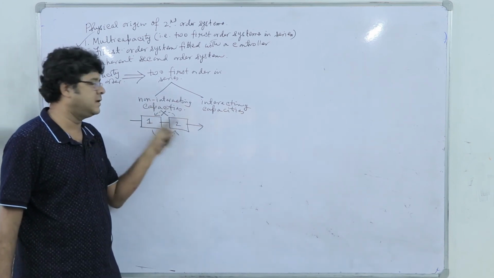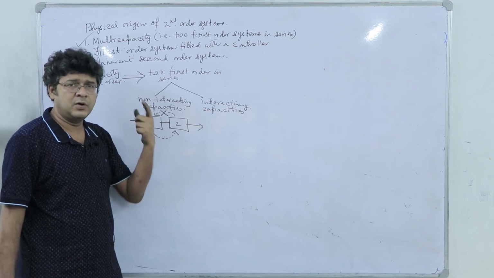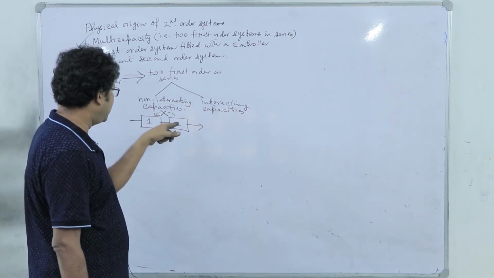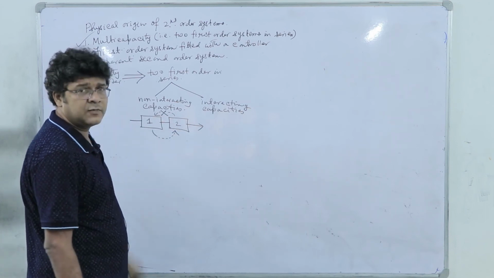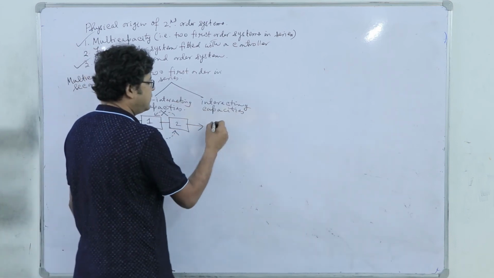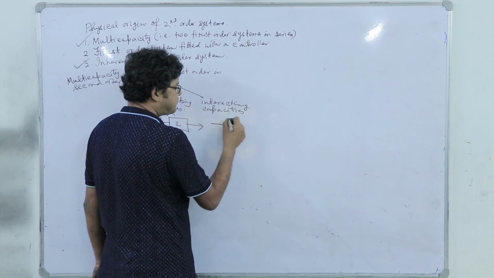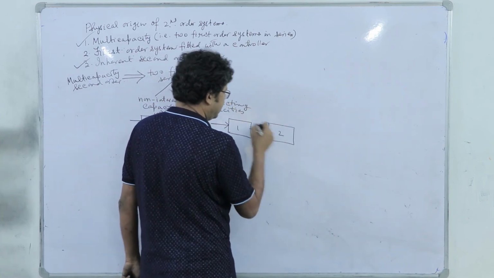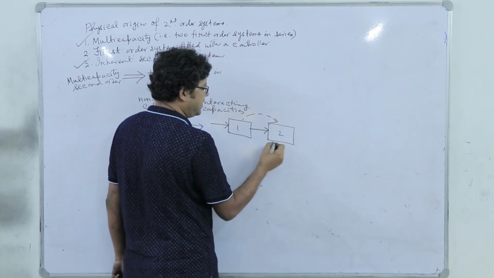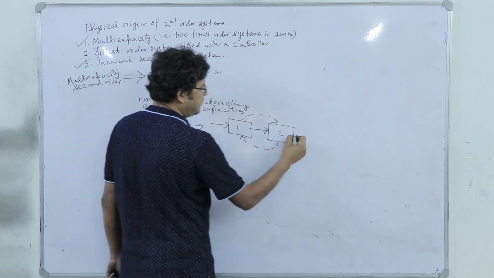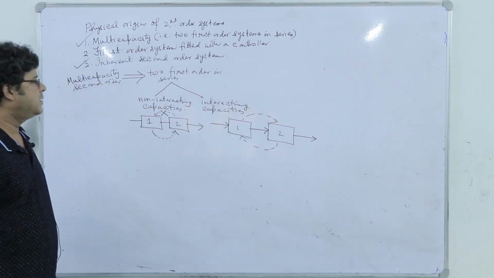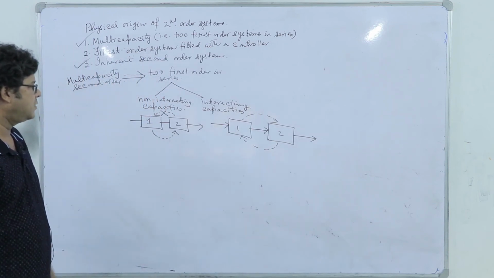Performance of 1 can influence 2, but there is no reversal of this phenomenon, like 2 cannot influence the performance of 1. Whereas, for interacting capacity, this reversal happens, like 1 can influence 2, 2 can influence 1 in the gross output, and finally both will be affecting the gross output, right.